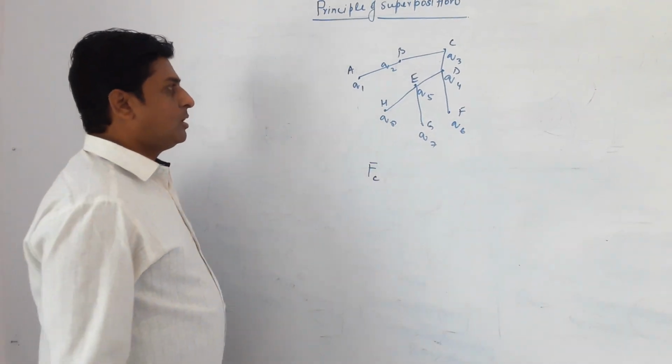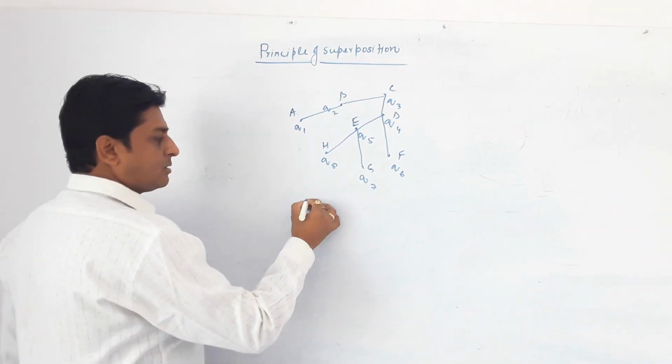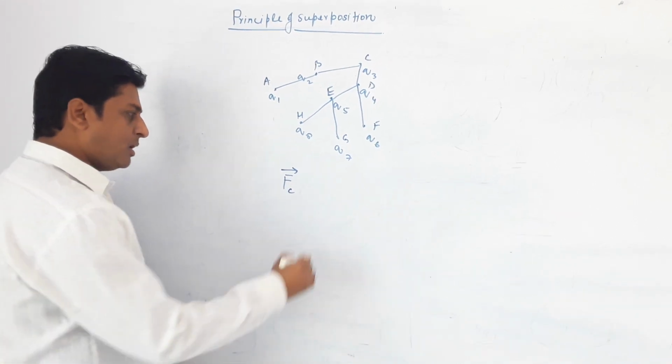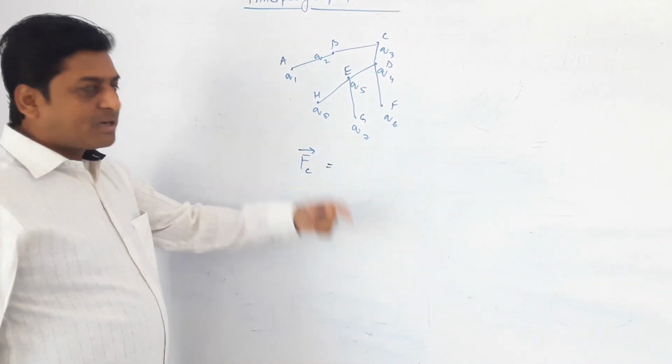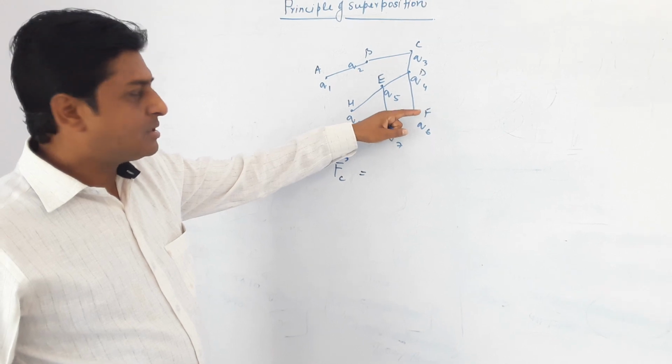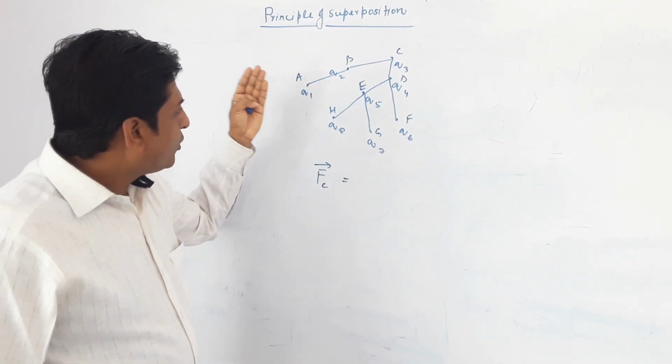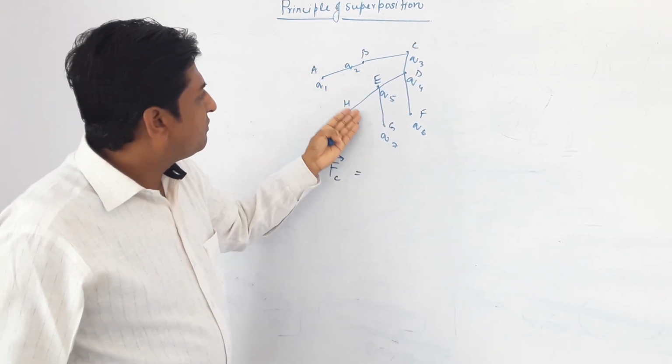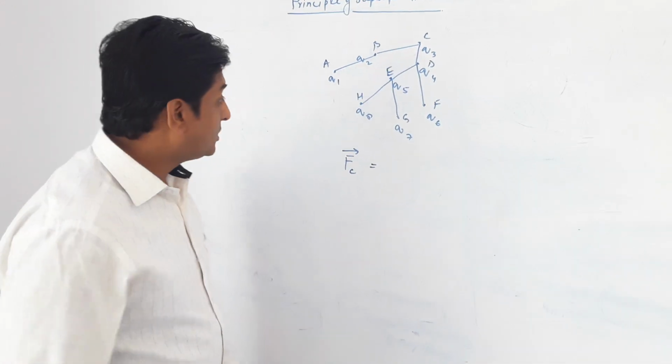What is this principle? We want to calculate the force at C. We will write that it is equal to the vector sum of all the forces applied by the point charges which are kept at the different points over the point C. Means what?